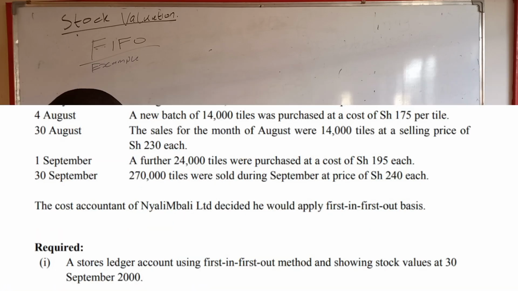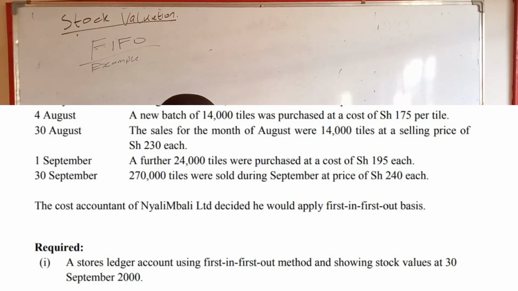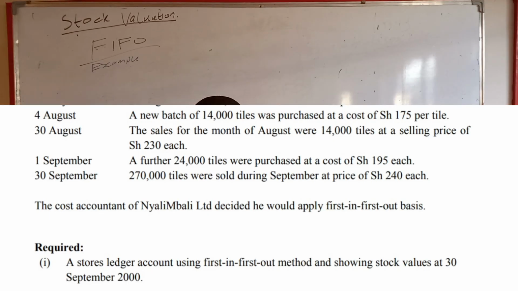September 1st, a further 24,000 tiles were purchased at a cost of 195 each. 30th September, 27,000 tiles were sold during September at a price of 240 each.